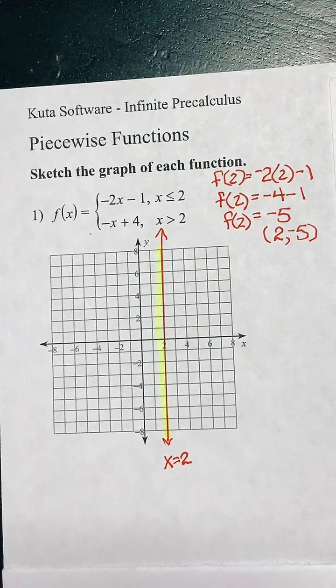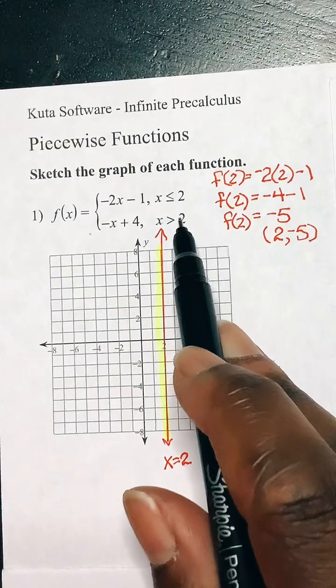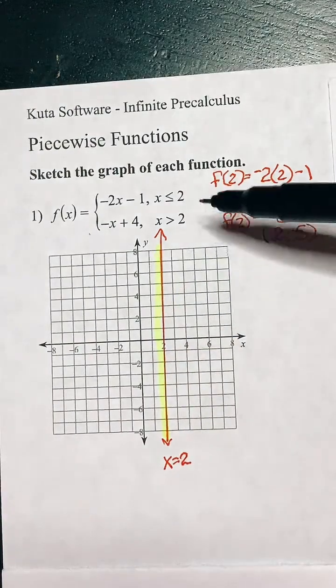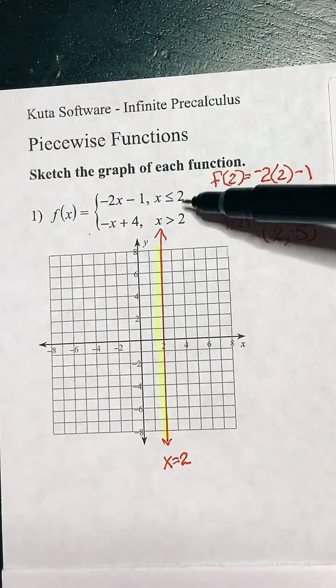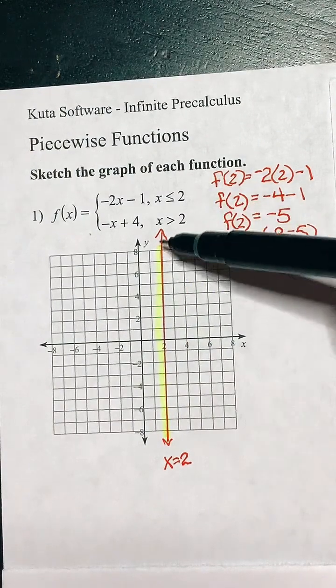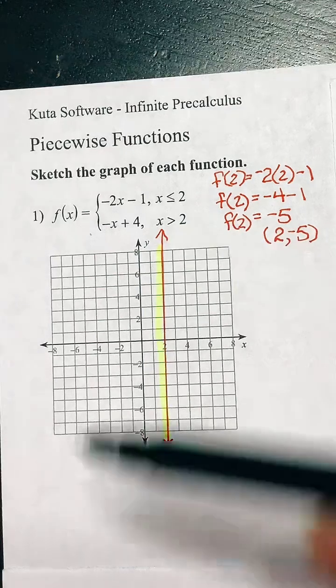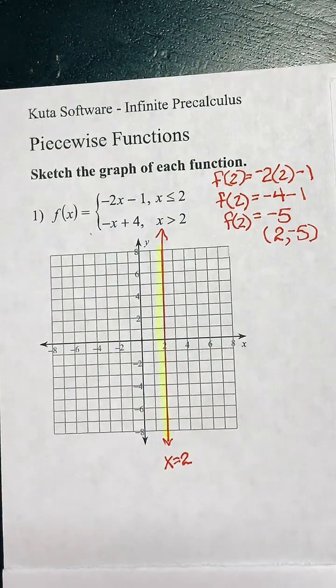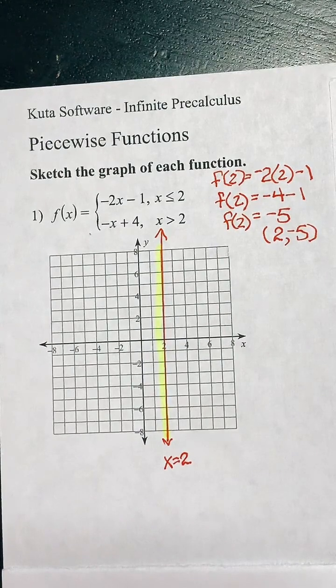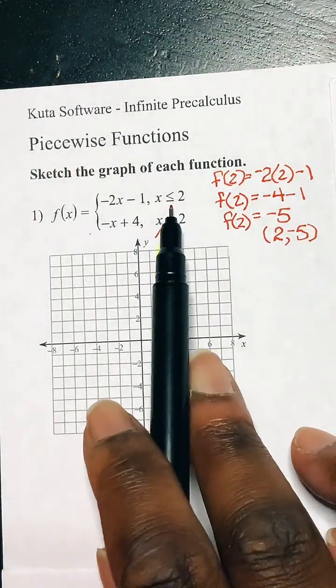Why is the vertical asymptote at 2? Well, that's going to be my boundary line. So if you notice, both of them are talking about when positive 2. So this is going to be my boundary line. So it kind of helps me to know where to start for the point. How can I find if it's open or closed? So it's the inequality.